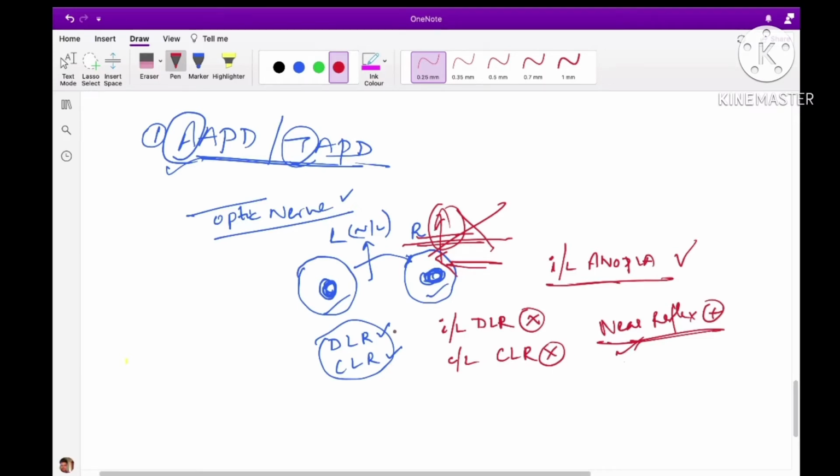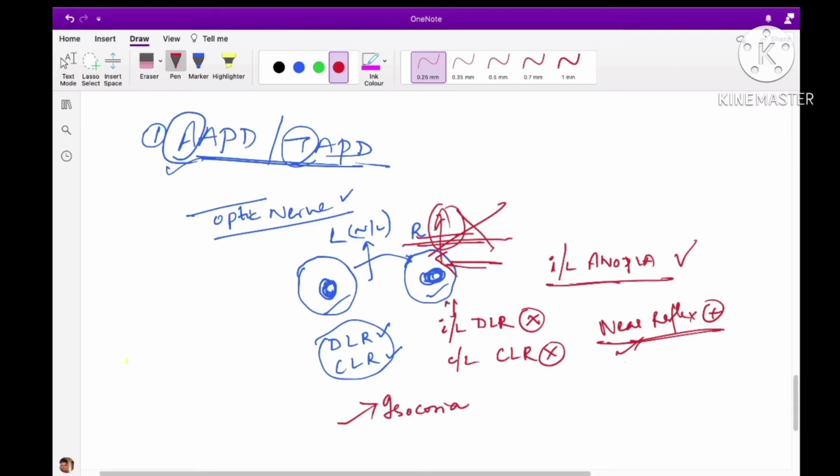So when we are testing the light reflex of the right and left eye, in both cases you will get isochoria.